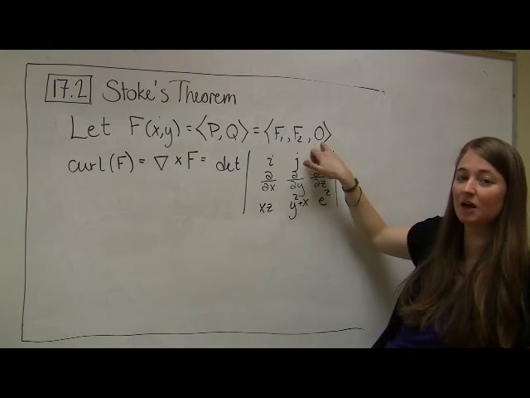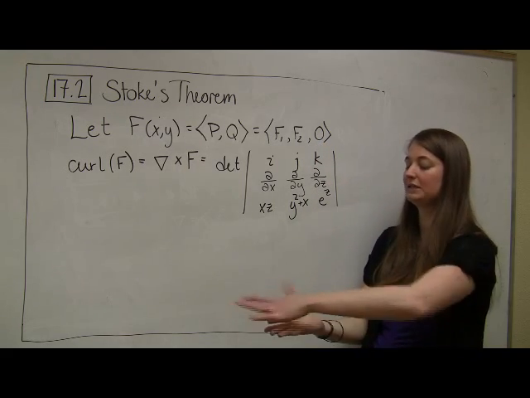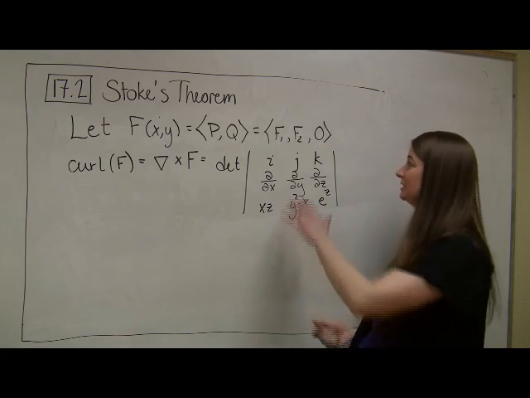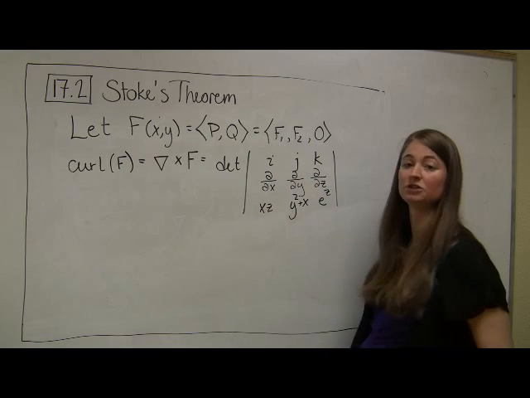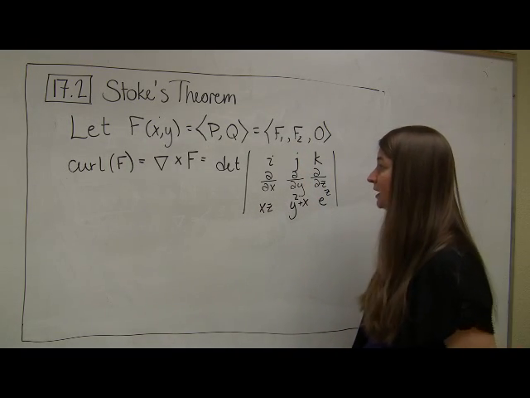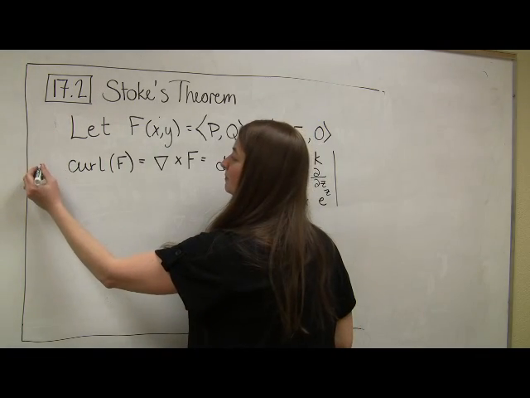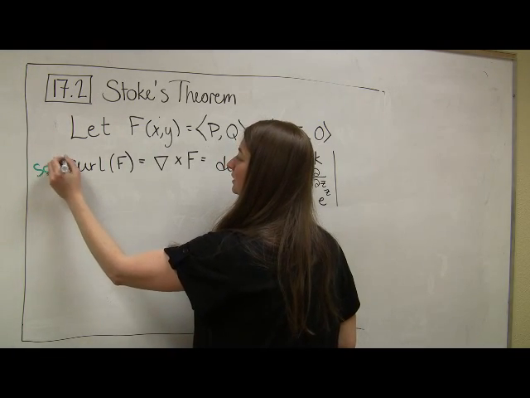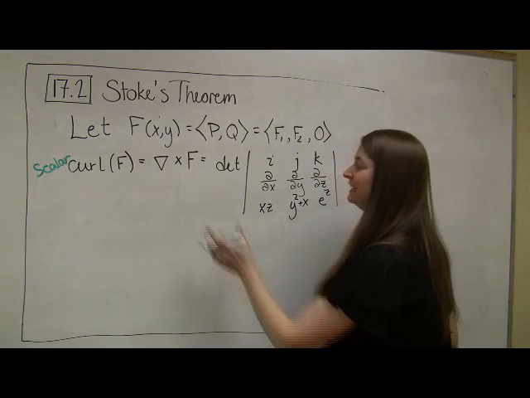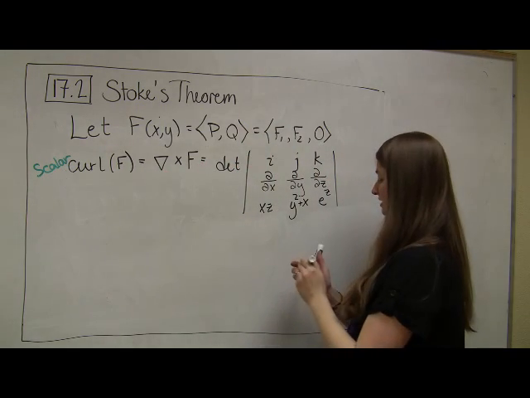And that's not that unrealistic. We're saying that we're only considering what's going on in the xy plane, and so the z components of each of these vectors would just be set equal to 0. It turns out that our scalar curl of f is exactly the same thing. I can use the same formula.